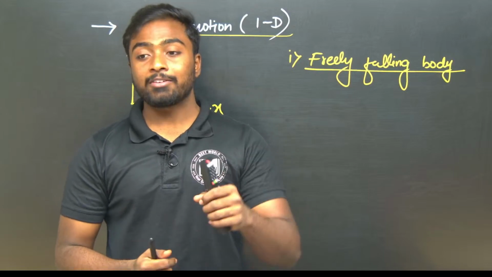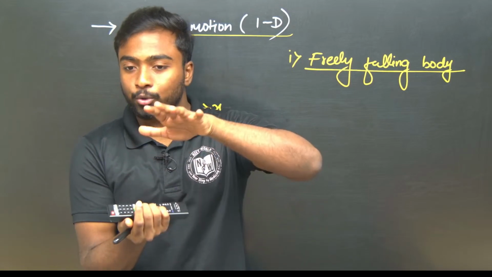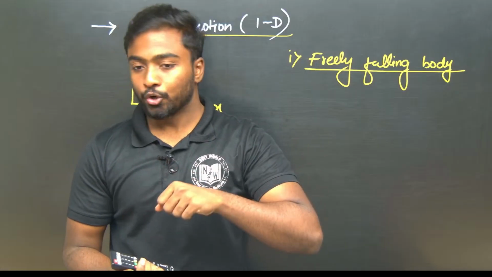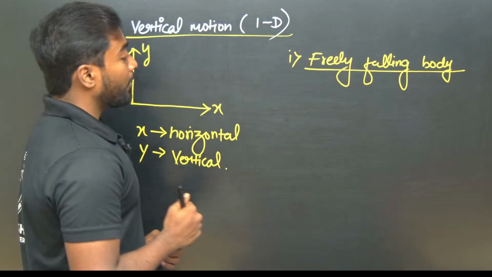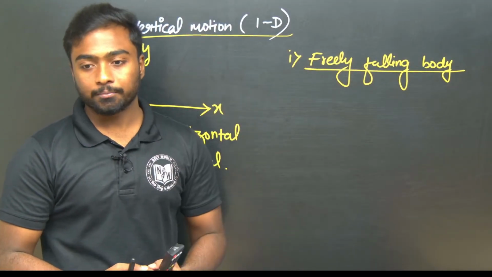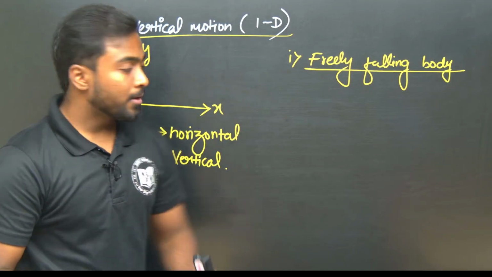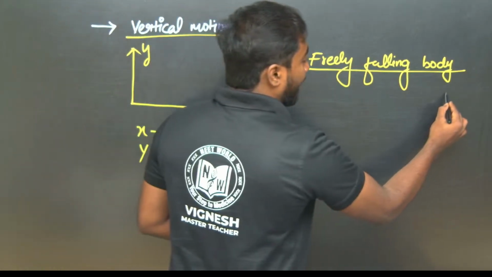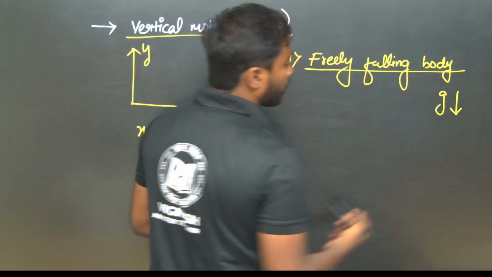Gravity. Gravity helps take the object to the surface. And what is the direction of gravity? Towards the center of the earth. It's downward. So first we say that gravity is towards down.